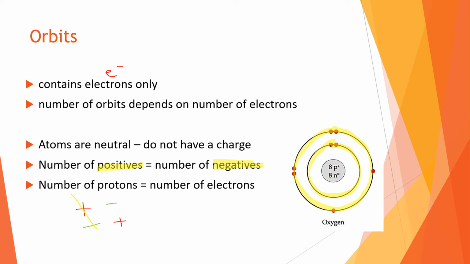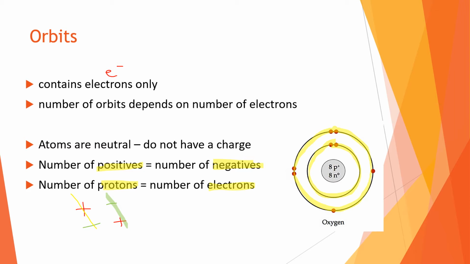If you have the same number of positives as you do negatives, they're going to cancel each other out. So atoms are neutral because they have the same number of protons as they do electrons.